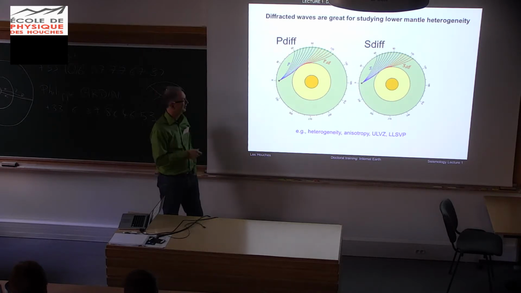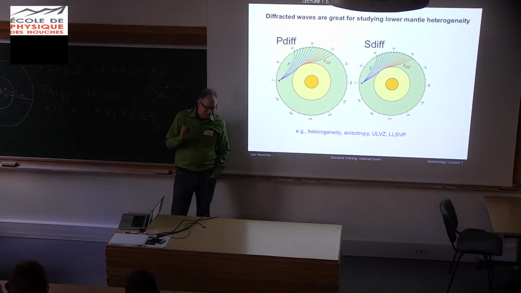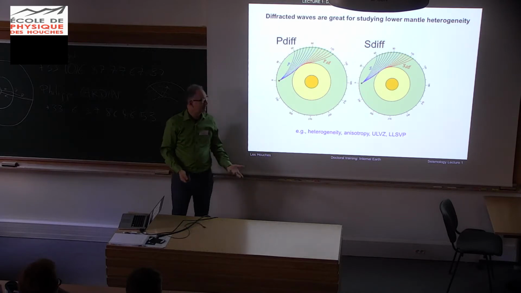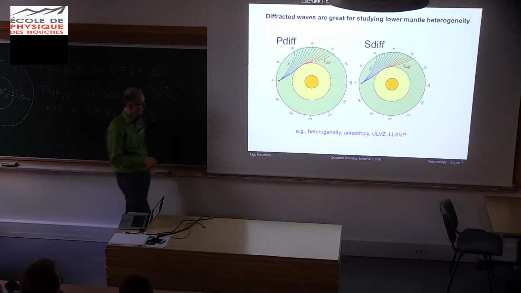Because they take these long paths, I think of them as the deep earth equivalent to surface waves. Surface waves take these long paths to the surface. They average all kinds of stuff. But if you have a lot of them, the crisscrossing of these surface waves is kind of powerful for mapping the interior. So these are for heterogeneity, anisotropy, ultra-low velocity zones, ULVZ, LLSVPs.